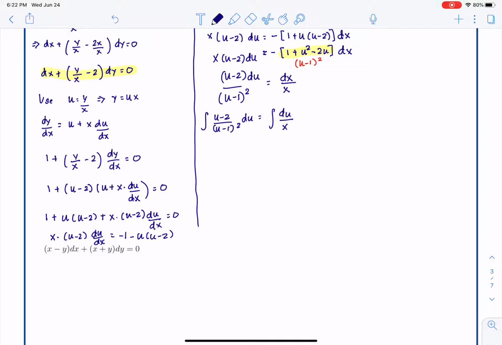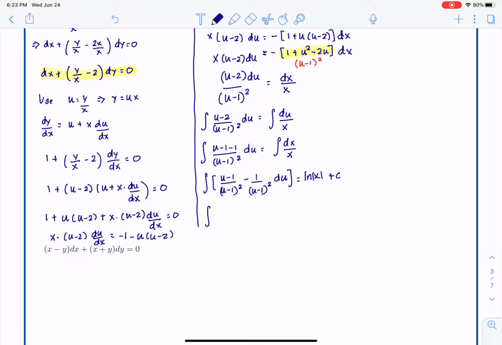Now we can use long division, we could use partial fractions, one of those techniques to find the integral on the left-hand side, but the easier approach is to split the numerator up as (u minus 1) divided by (u minus 1) squared du, which, since we have a common denominator, I could write as (u minus 1) divided by (u minus 1) squared minus 1 divided by (u minus 1) squared, du, equals ln of x plus c.